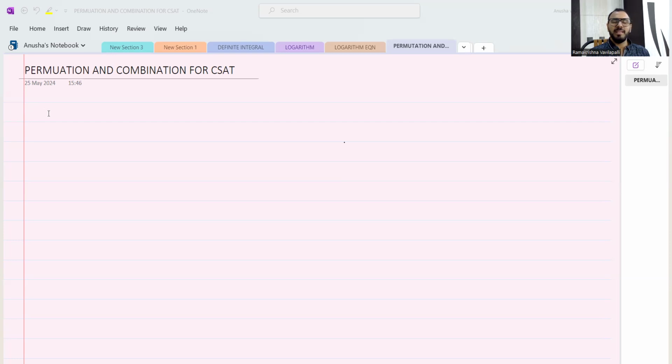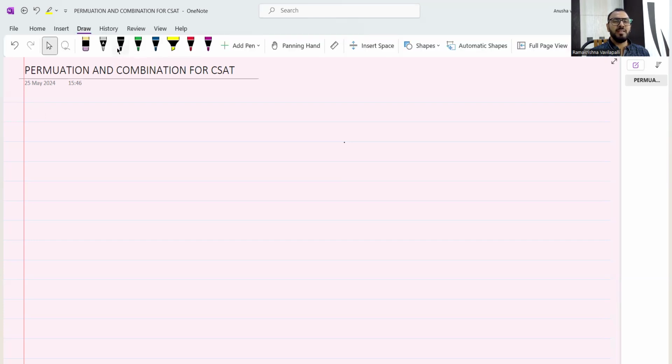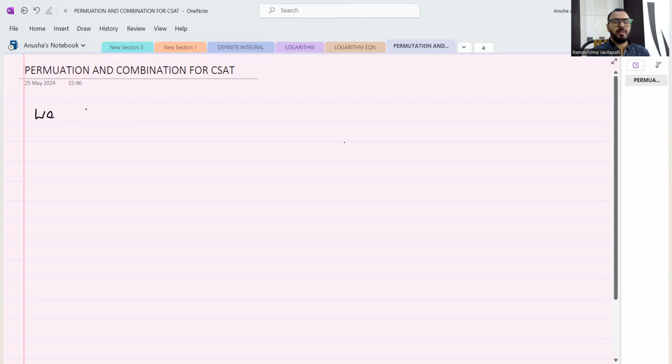What is meant by zero factorial? Zero factorial is defined as 1. We define that 0 factorial equals 1.